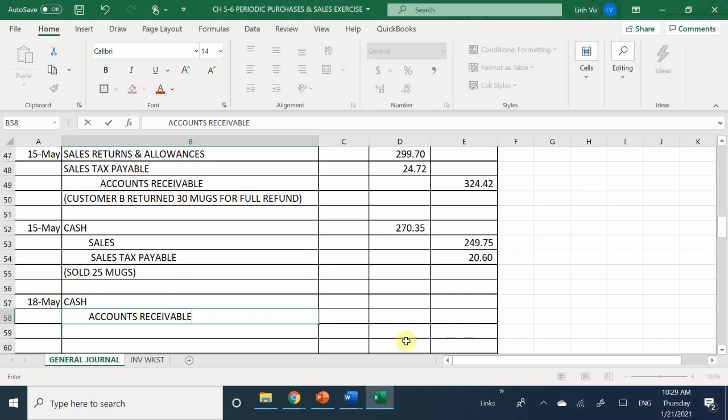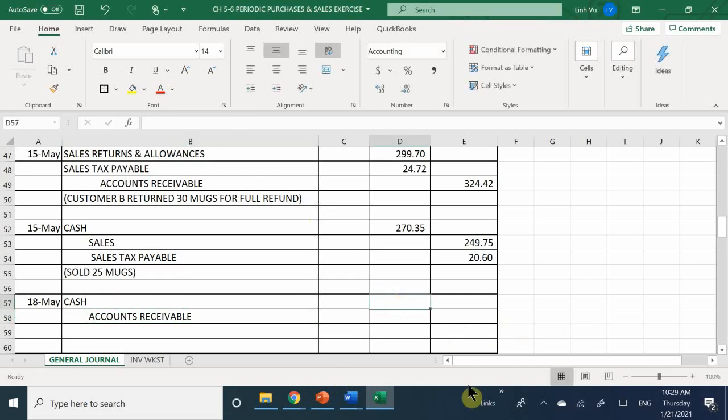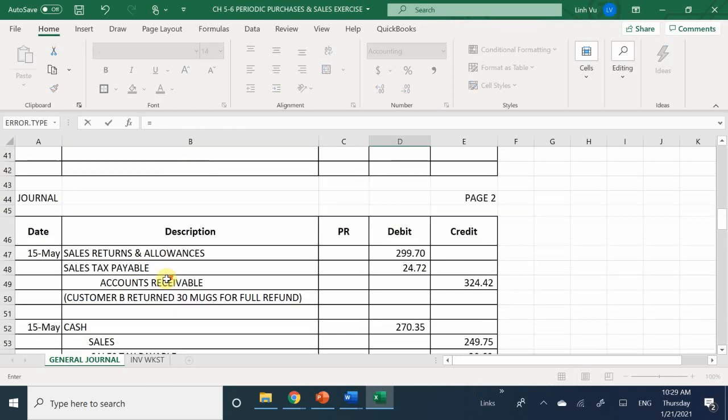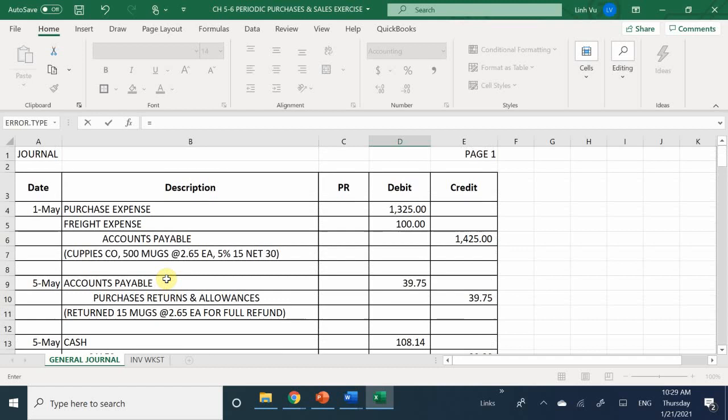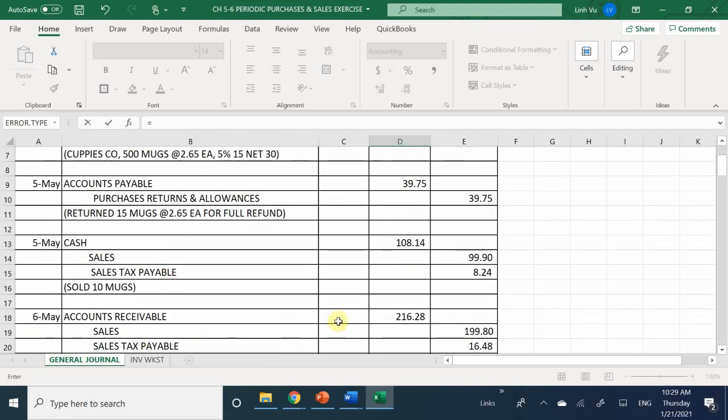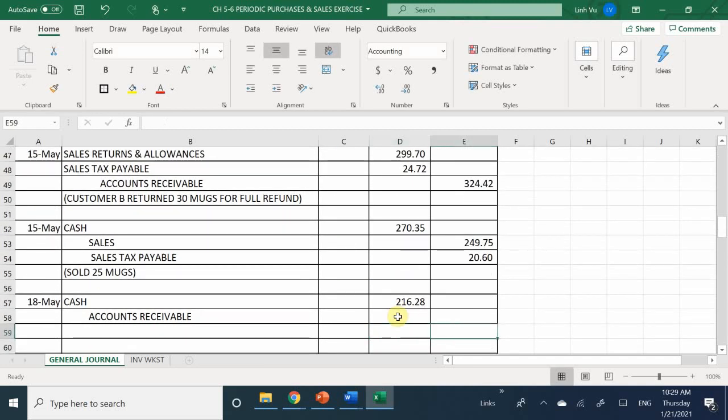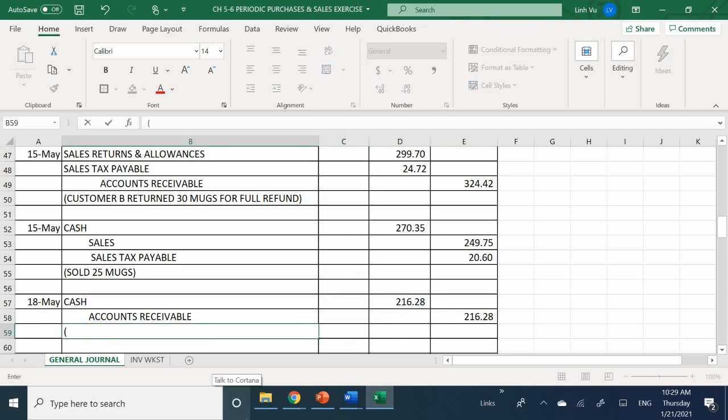So how much did customer A owe us? The $216.28. Okay, and they're paying in full in cash. So there you go. I'm going to make my note here that customer A paid.